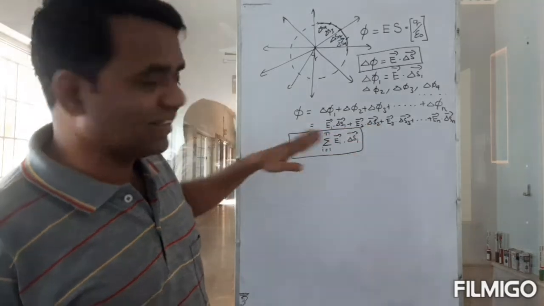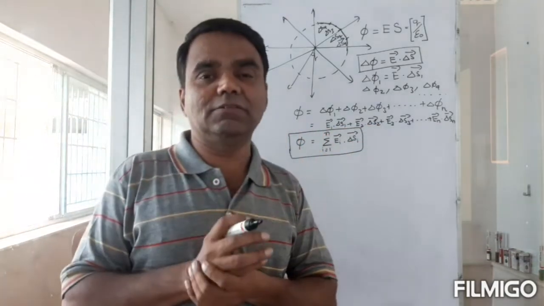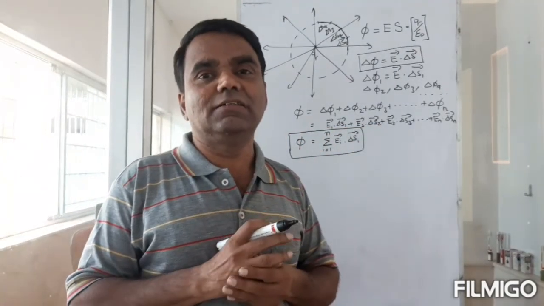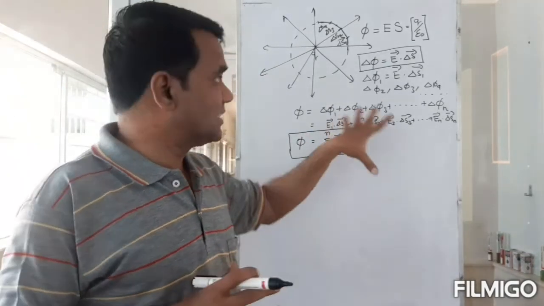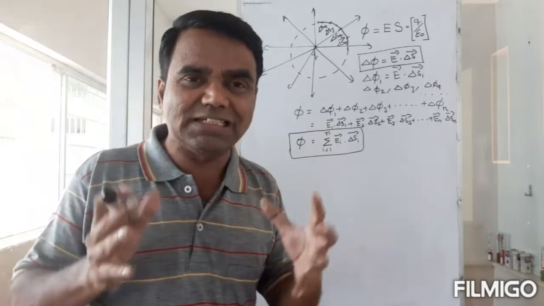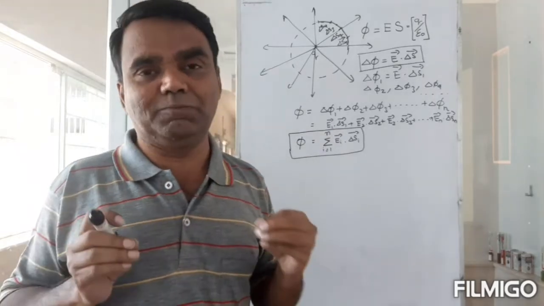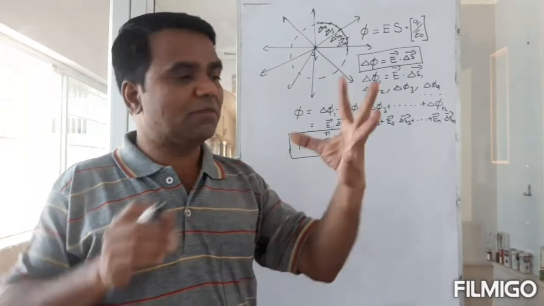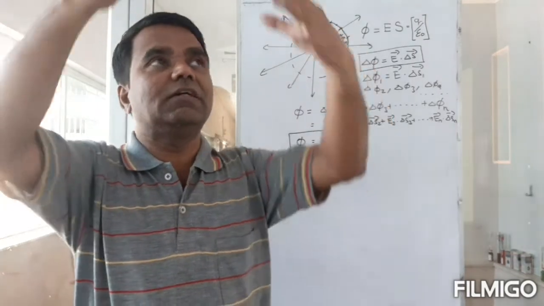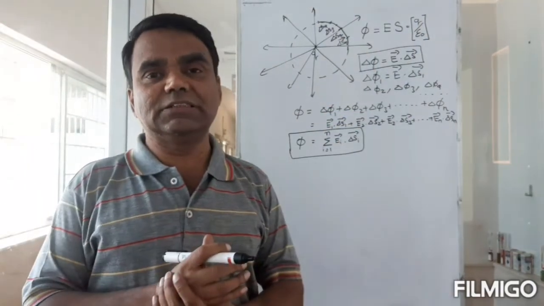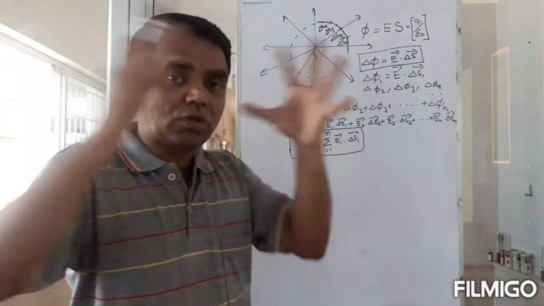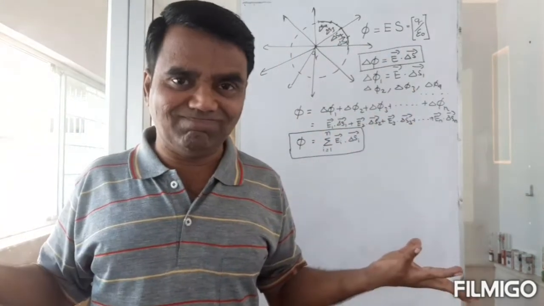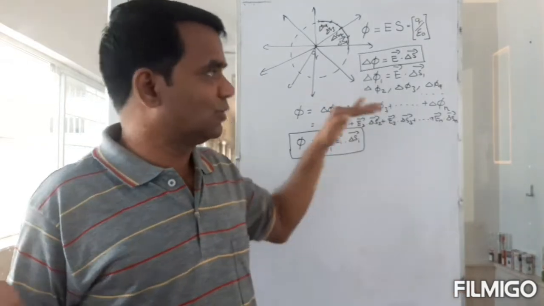Even though these symbols look a little complicated, fancy, rather intimidating, they basically mean a very simple thing. The sum of flux in different areas will give you the total amount of flux. Very simple idea.